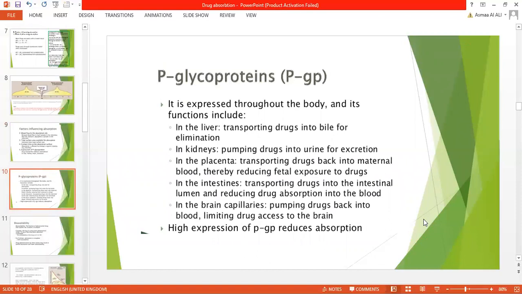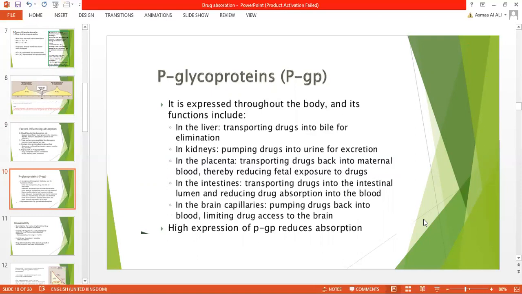For P-glycoprotein, as we said, it is expressed throughout the body, and its functions include: in the liver, transporting drug into bile for elimination; in the kidney, pumping a drug into urine for excretion; in the placenta, transporting the drug back into maternal blood, reducing fetal exposure to the drug; in the intestine, transporting the drug into the intestinal lumen and reducing drug absorption into the blood; in the brain capillaries, pumping a drug back into blood, limiting drug access to the brain.